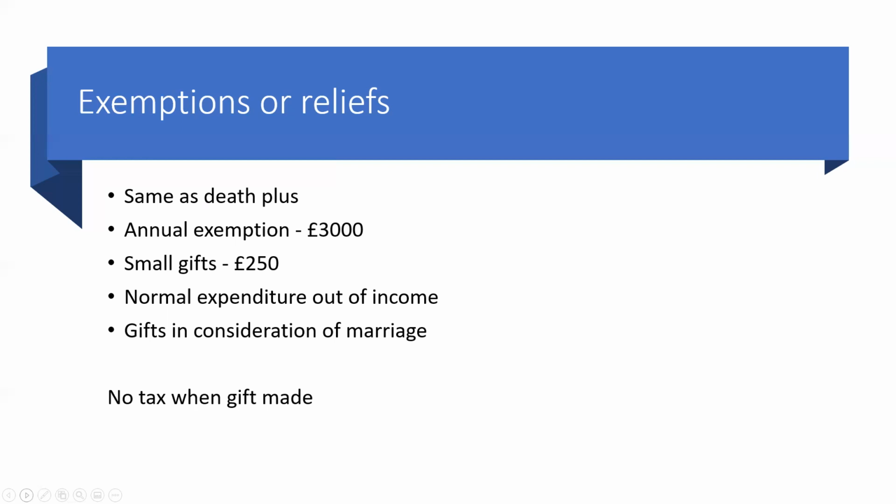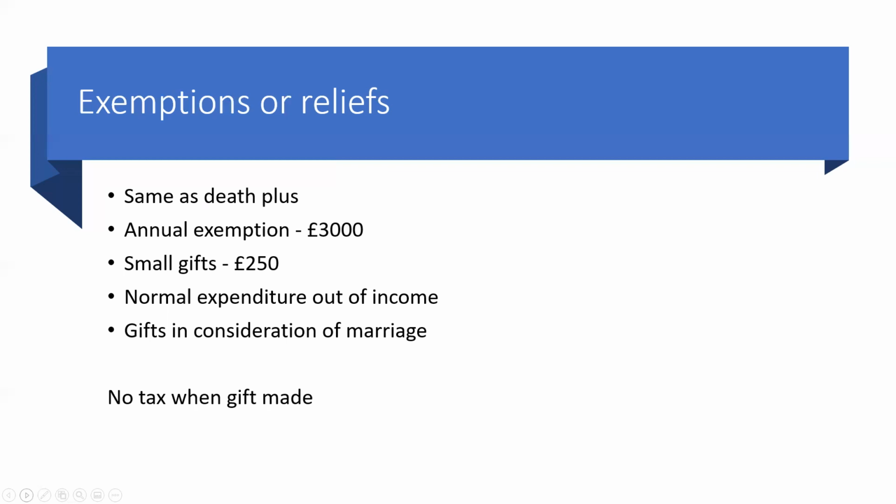And also gifts in consideration of marriage, and there's different amounts that you can give depending on the closeness of your relationship. So £1,000 generally, but then if you're a grandparent, then you can give £2,500, and if you're a parent, you can give £5,000 to somebody as a gift on marriage, and that wouldn't be charged to inheritance tax.